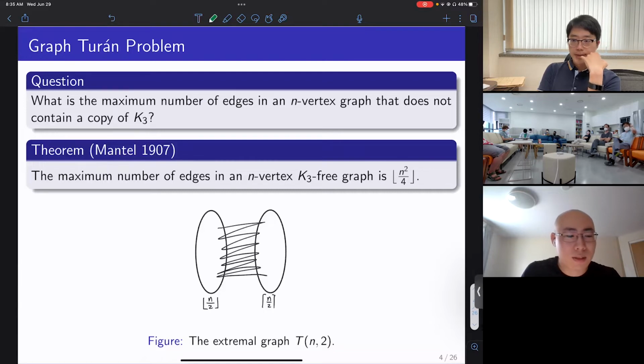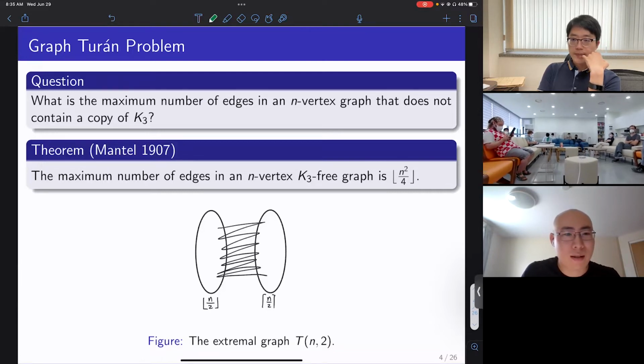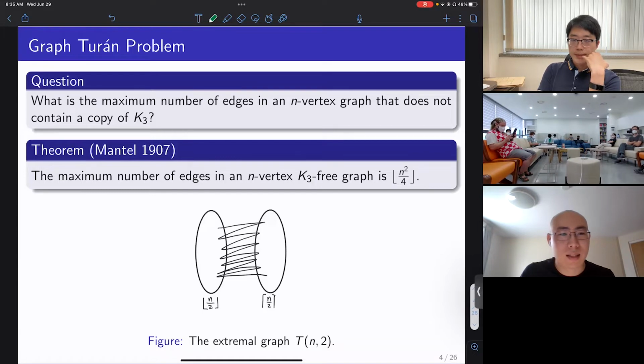Maybe the first extremal result is this Mantel's theorem proved in 1907. It answers this question. It tells you which kind of graph has the maximum number of edges. It's exactly this bipartite graph.